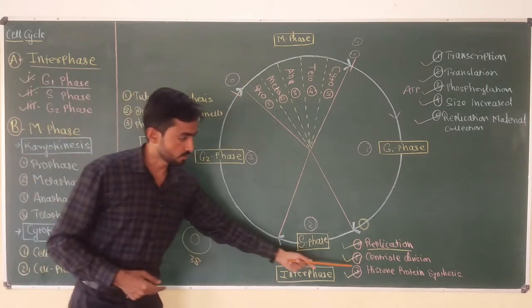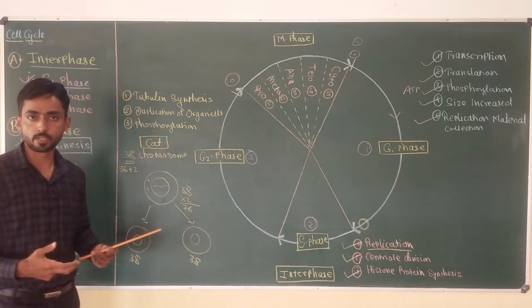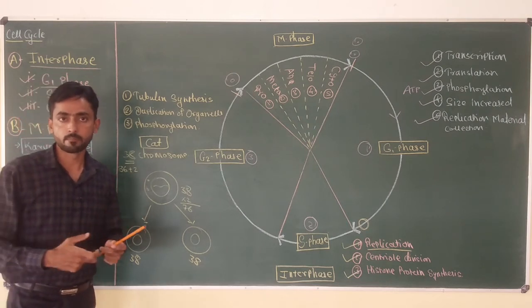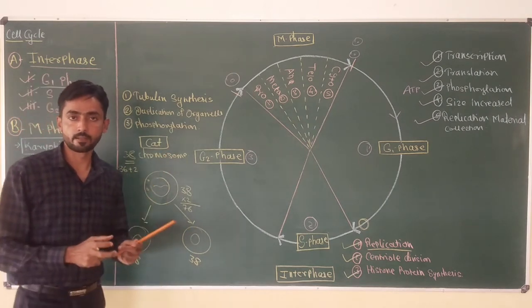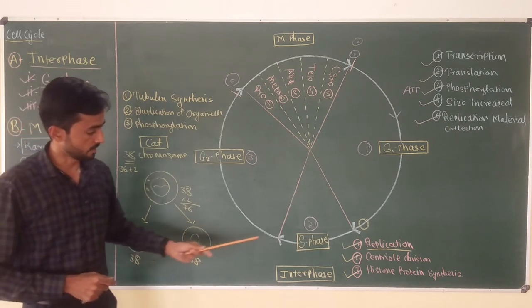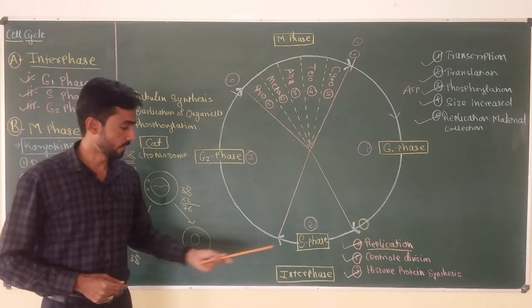And histone proteins are synthesized, which are positively charged proteins. They will be used by the cell for wrapping the DNA and placing the DNA at a proper site inside the nucleus. So these are the important events which occur inside the eukaryotic cell during S phase.